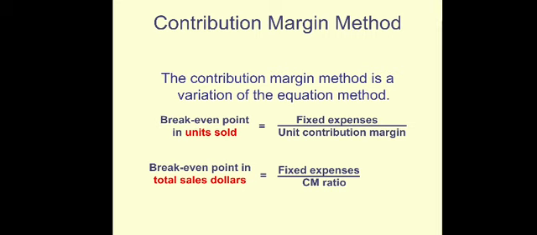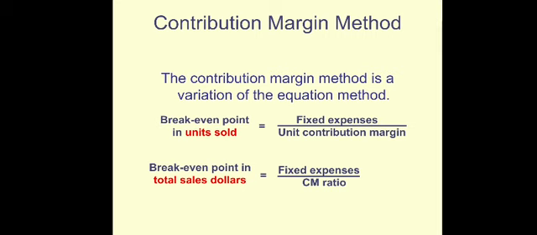How do we calculate the CM ratio? It is the unit contribution margin divided by the unit price. The unit contribution margin here is 200 and the unit price is 500, so it equals 0.4.